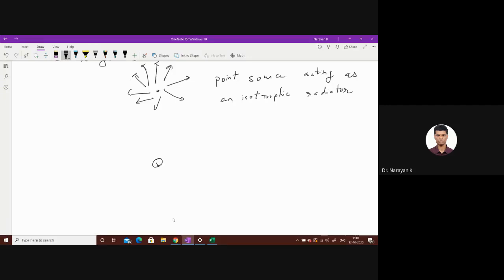So this is your antenna. Big circle I'll draw. This is your observation plane.